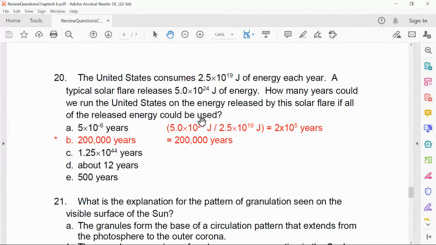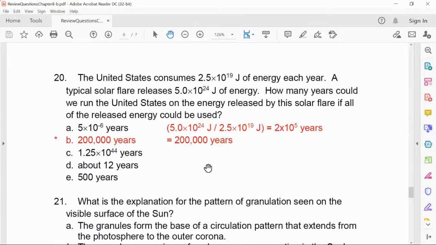That means you have 24 zeros on the top and then 19 zeros in the bottom. So the 19 zeros will cancel 19 from the top and you get only 5 zeros. That's why you get 200,000 years. Just to tell you how powerful one of these flares is.